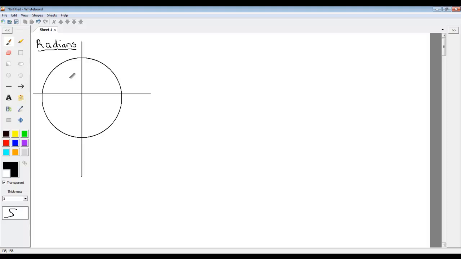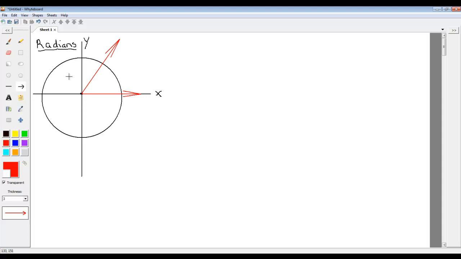But before we get too far ahead of ourselves, let me explain what a radian is. Let's take this circle here that's situated on an XY axis system, and the center of the circle is right here at the origin. Let's say we have an angle where the initial side is on the positive x-axis, so this angle's in standard position, and then the terminal side is somewhere else out here.